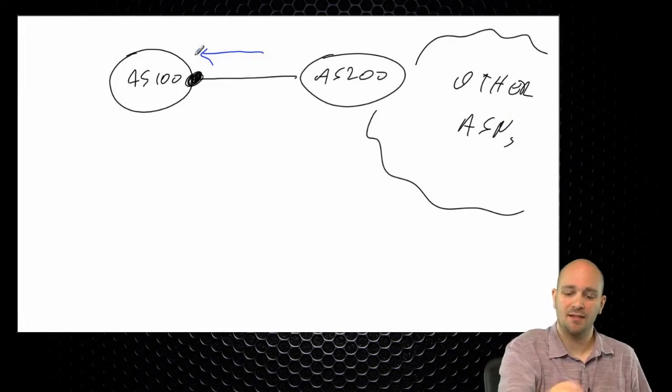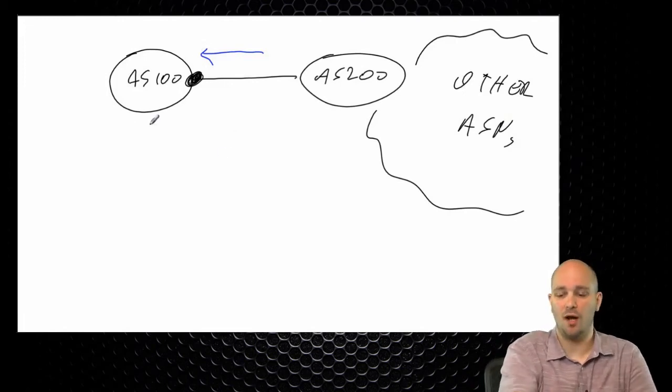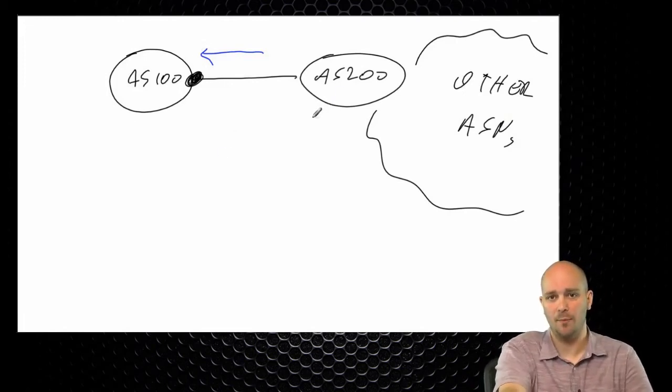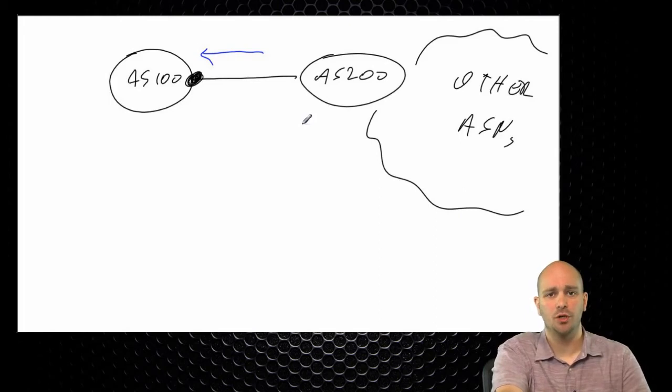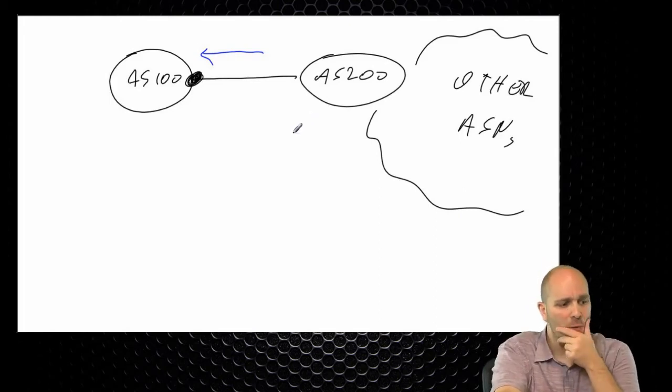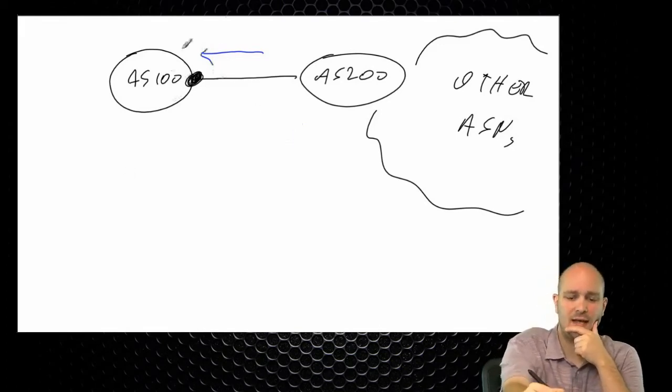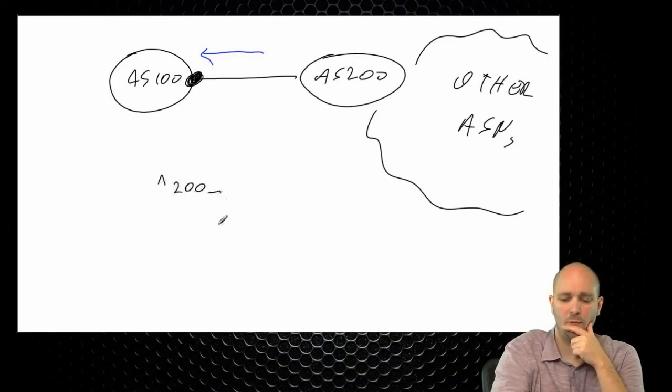Now, the task here says, make sure that you allow the routes coming in from AS200, and AS200 may be allowed to prepend. Okay, so how am I going to solve that particular task? I can say something like, okay, I'm going to allow the routes that are coming from AS200, but how do I know if they are prepending? Okay, so let's do this.